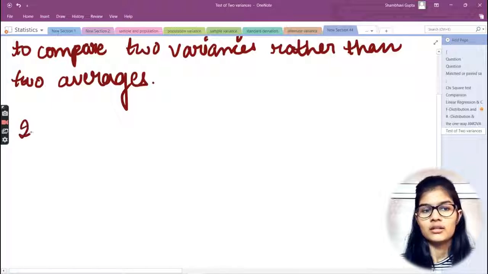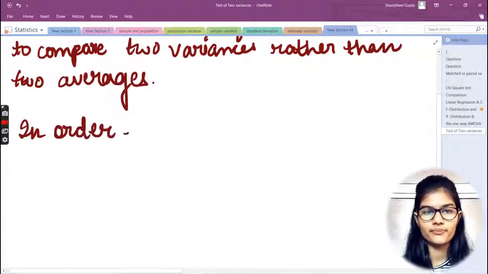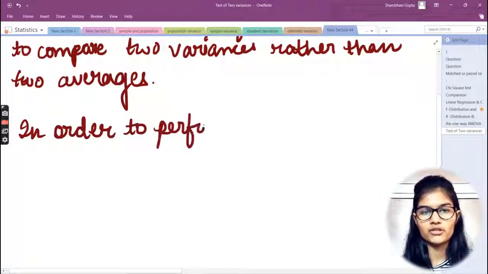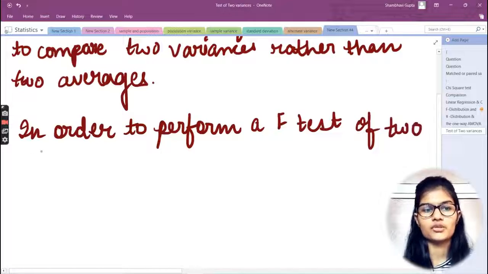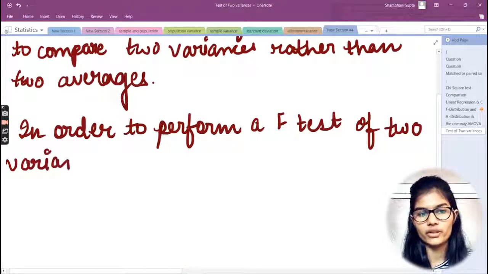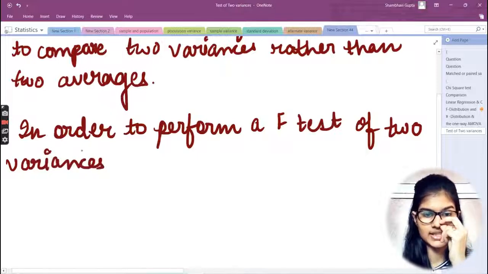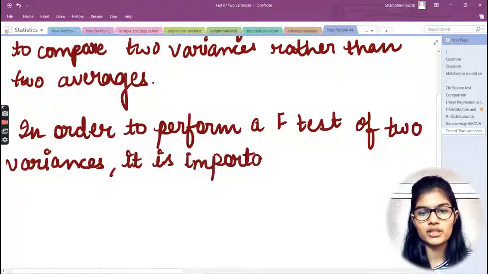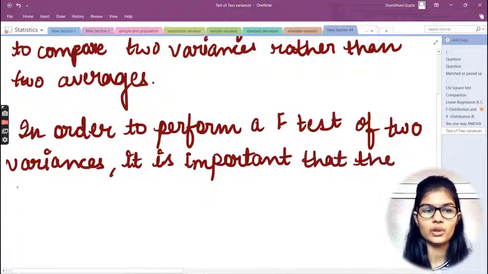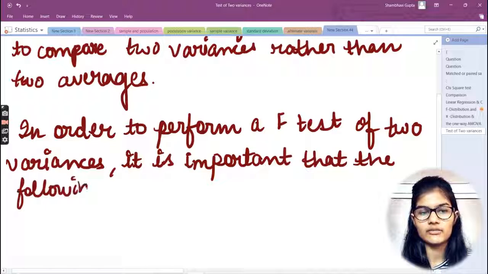So I would mention that in order to perform an F test of two variances, it is important that the following are true.